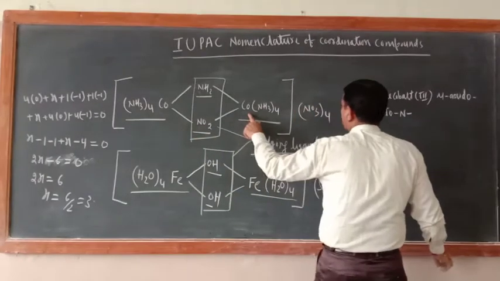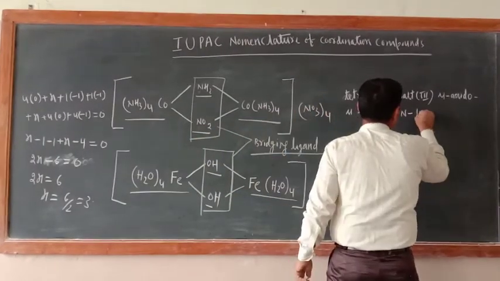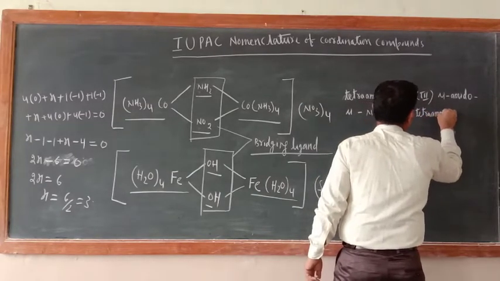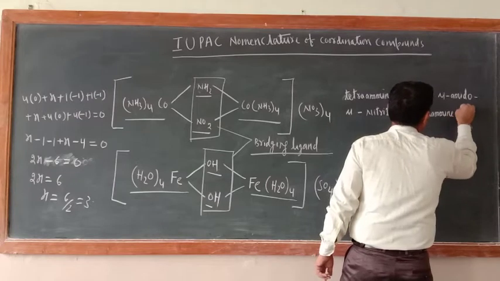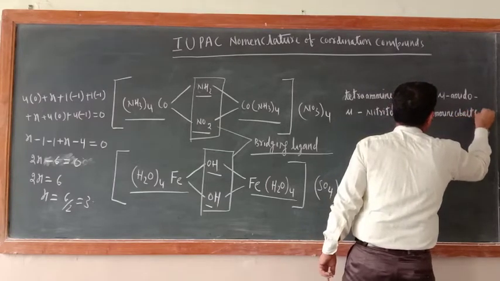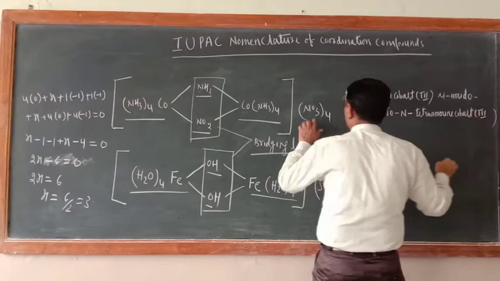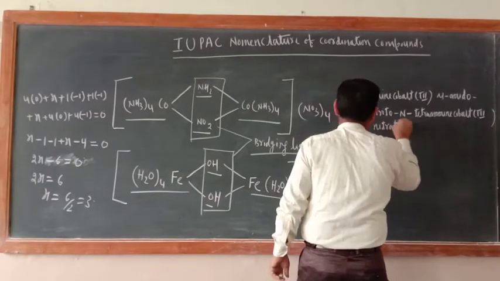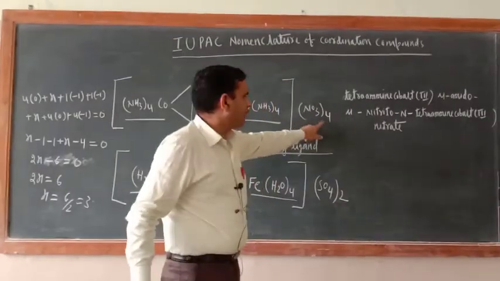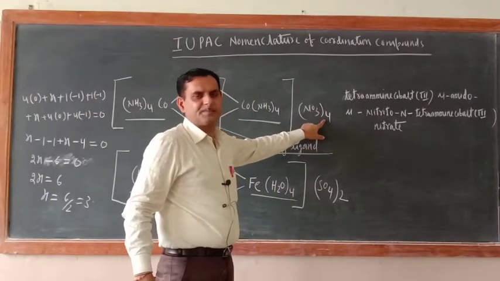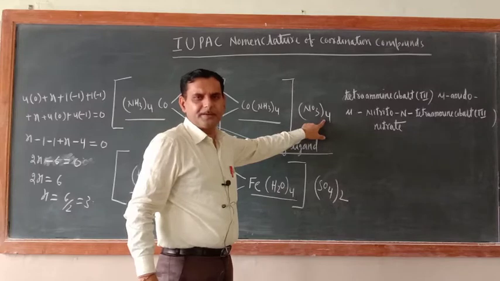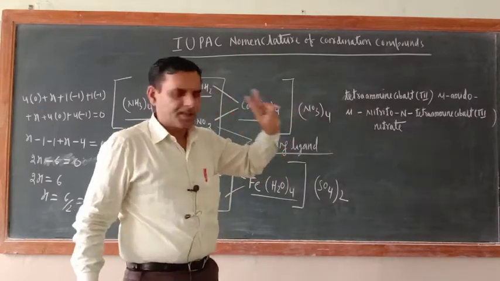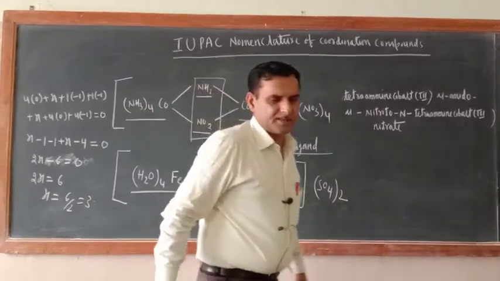Then again what should be there? Tetraamine, cobalt third, nitrate. Okay, now this is 4, but number should not be mentioned. Already we have, means ions which are present in the ionization sphere, their number should not be mentioned. Okay.